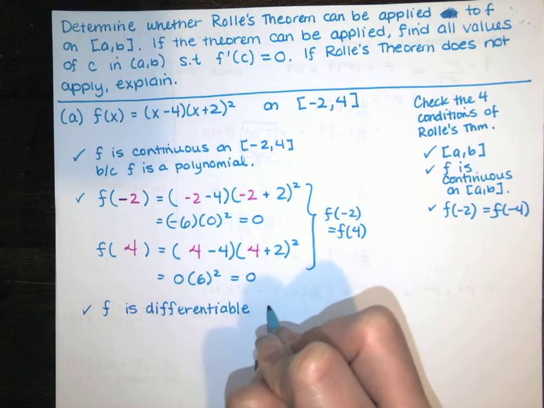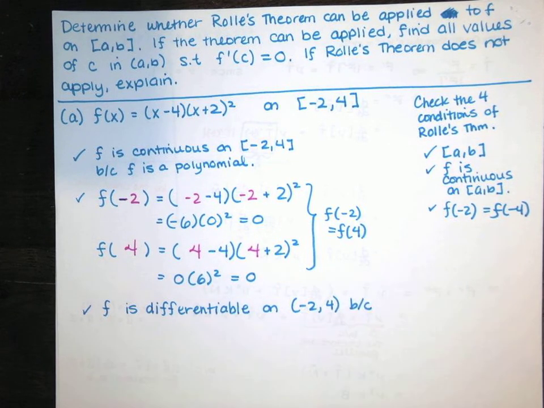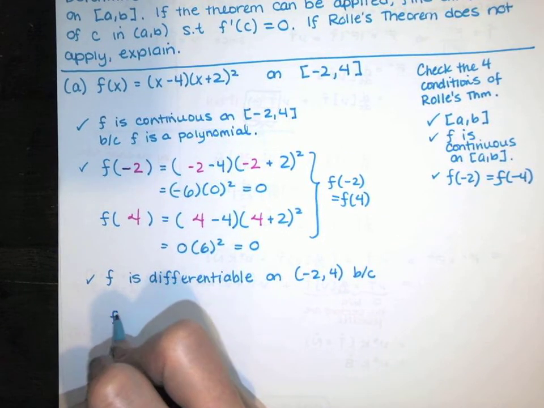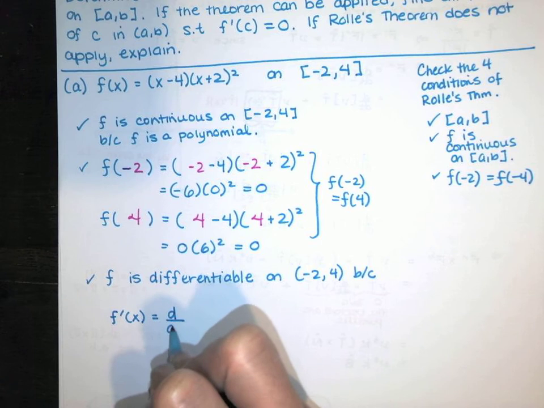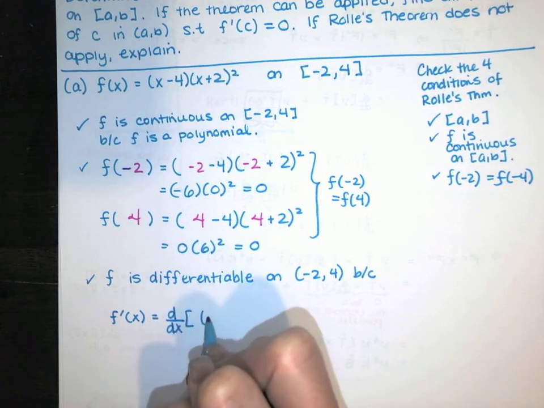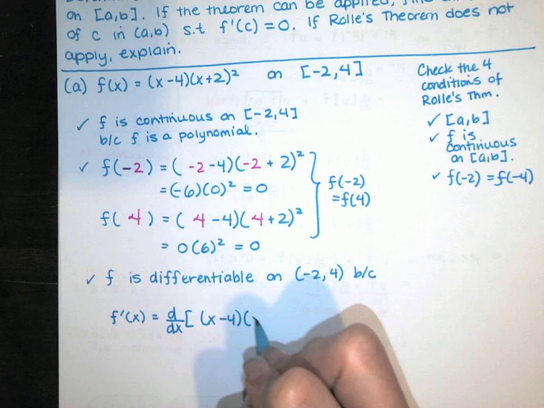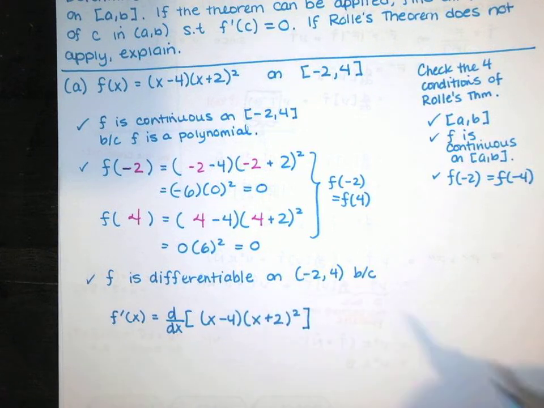f is differentiable on the open interval from -2 to 4 because f prime is well defined, and let's prove it. So f prime of x is the derivative with respect to x of x minus 4 times the quantity x plus 2 quantity squared.